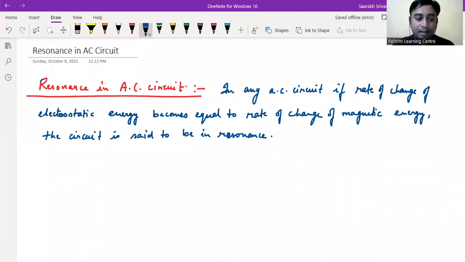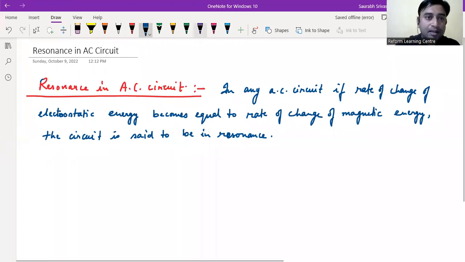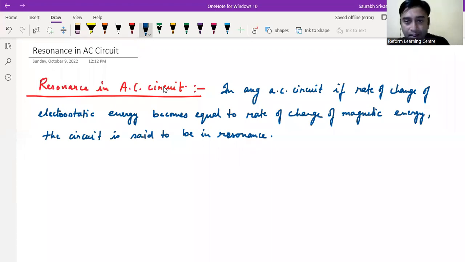हमने अपना इंडक्टर और कैपेसिटर का एक्टिव रिएक्टिव पावर देखा था. In first half cycle, the power across inductor is negative. In first half cycle, power across capacitor is positive, reactive power. Now, when a capacitor is discharged, inductor is getting charged in the circuit. And also when inductor is getting discharged, capacitor is getting charged in the circuit.